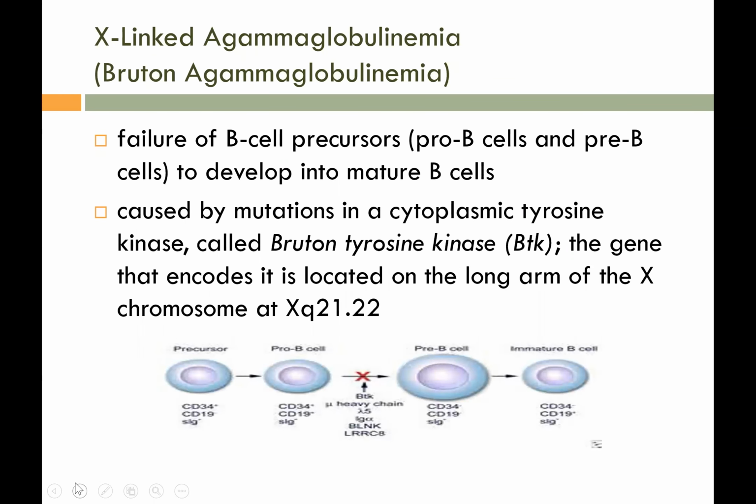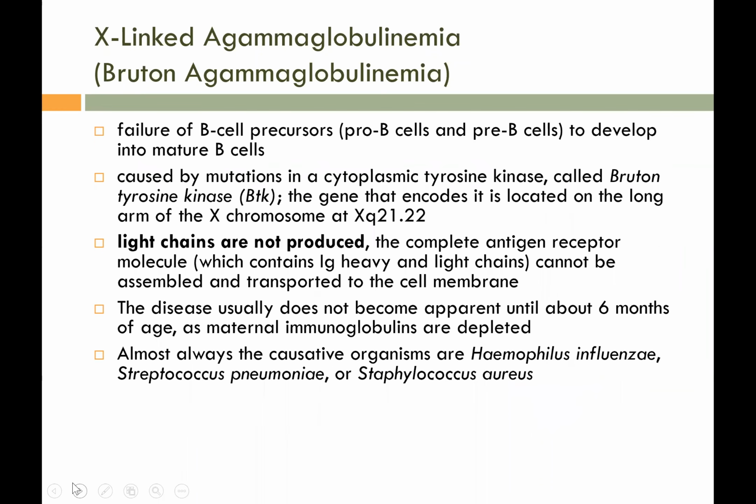So let's try to talk about Bruton's further. Bruton's is, again, B for B cells, B for BTK. It's involving chromosome X. The problem is B cell precursors. So with that being said, you should be reminded that you do not have mature B cells because, again, the problem with BTK would be your B cell precursors.